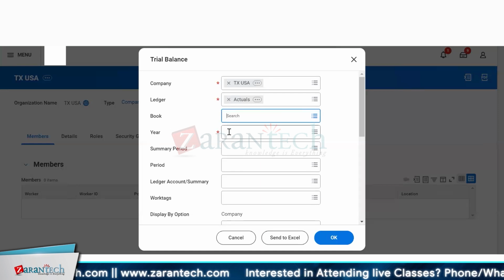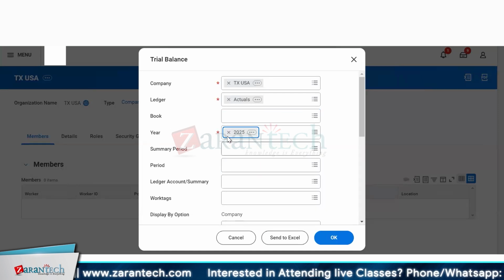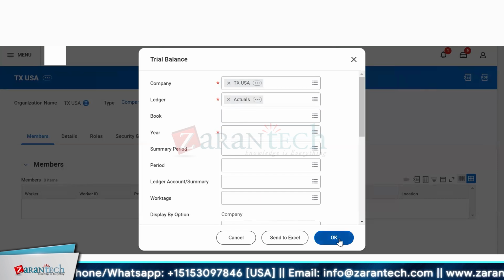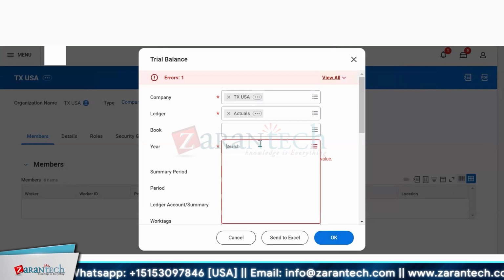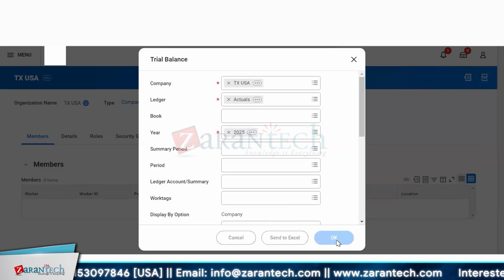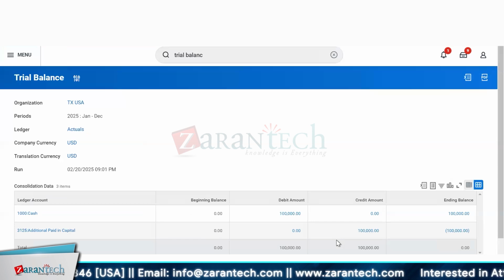Year is 2025, the year that we opened up earlier with my company. Only 2025 is appearing because we opened up only 2025. The rest of the fields are optional, so I can keep them open because the three fields are mandatory. Mandatory fields you have to fill, otherwise the system will not allow you. So here I will select this one, click OK, and here you can see this trial balance.